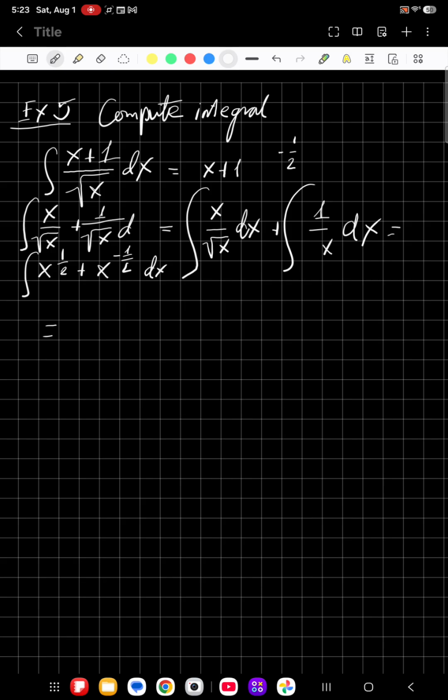Let me do it slowly. I have x to 1 over 2. I'm adding 1 to the exponent, 1/2 plus 1, and putting that new exponent in the denominator. Then for the second integral, same thing: adding 1, so x to the negative half plus 1. Whatever that exponent is, it goes in the denominator, plus 1.